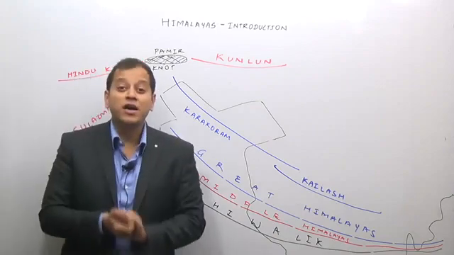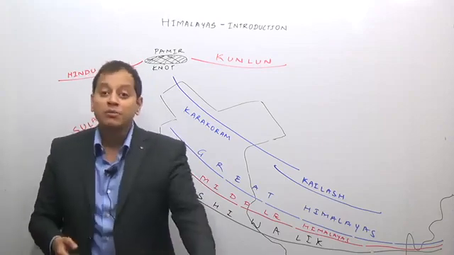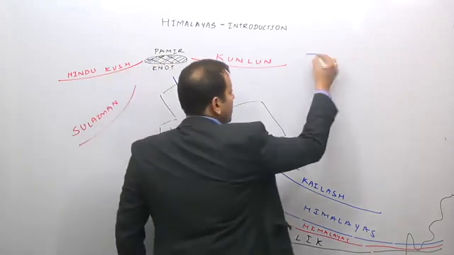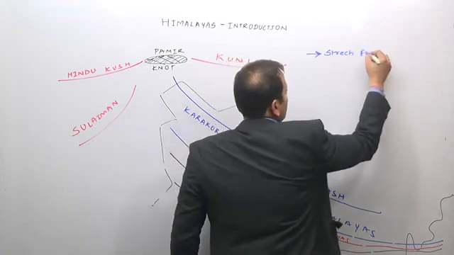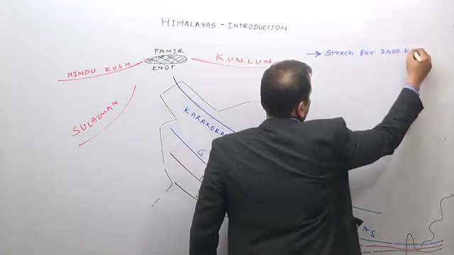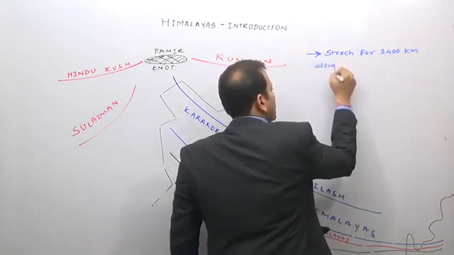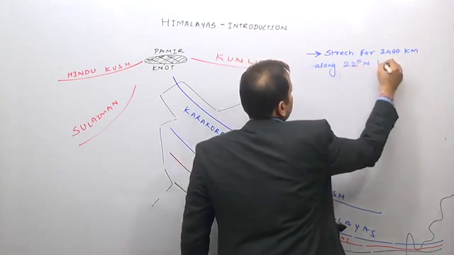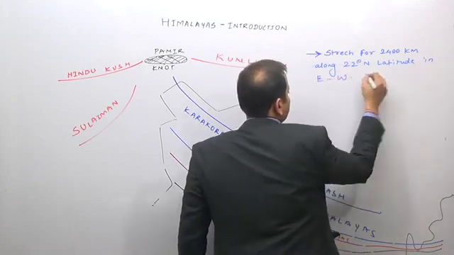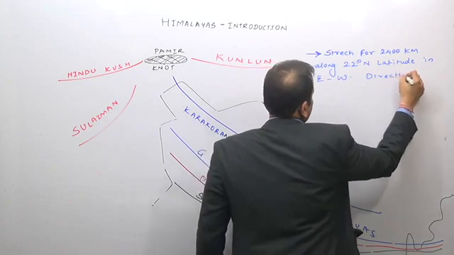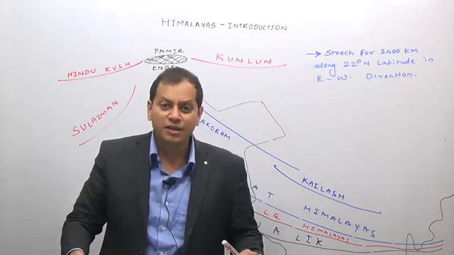Himalayas are the series of young fold mountains which stretch for more than 2400 kilometers along 22 degree north latitude in the east-west direction.